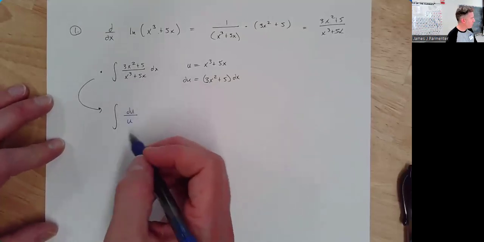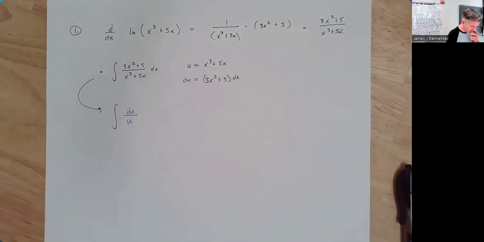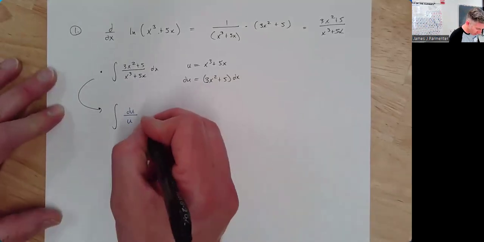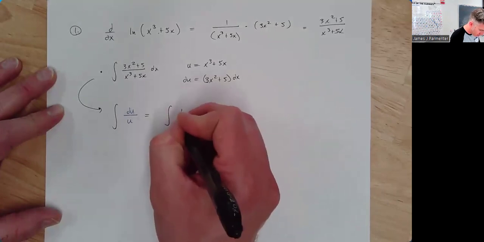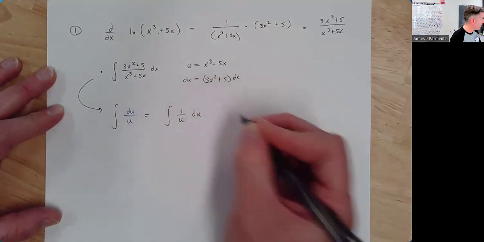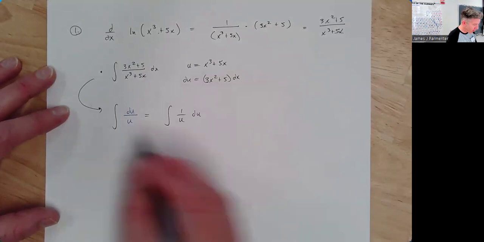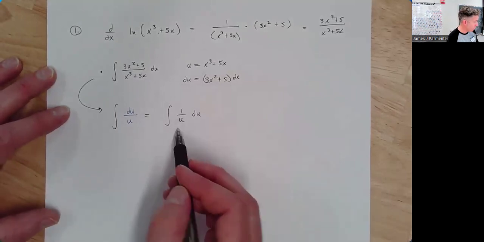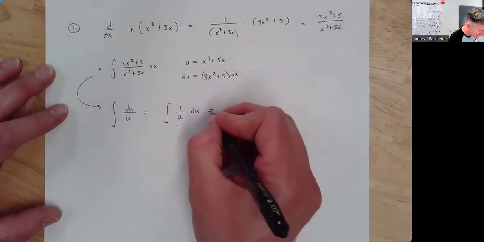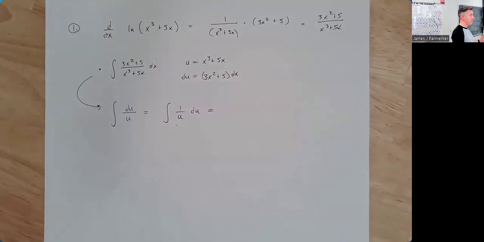For some reason, people don't love writing their integrals this way. They really would like du to be at the end. So you are welcome to rewrite this as the integral of 1 over u times du, if that feels more comfortable. But either way, whether you're integrating 1 over u du or du over u, what's the antiderivative of 1 over u?